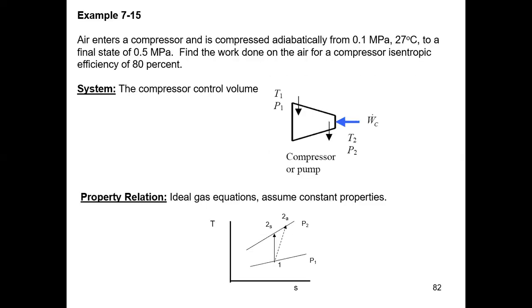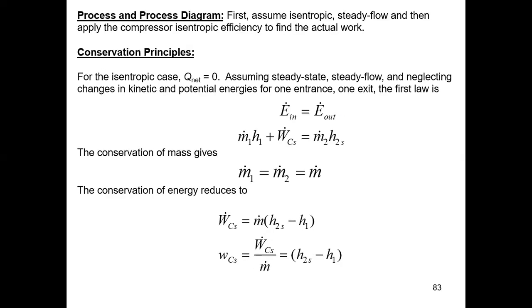This is a compressor. Air enters a compressor and is compressed adiabatically from 0.1 megapascal, 27 degrees Celsius, to a final state of 0.5 megapascal. Find the work done on the air for a compressor isentropic efficiency of 80%. So here is the picture, property relation, conservation principles for the isentropic process.